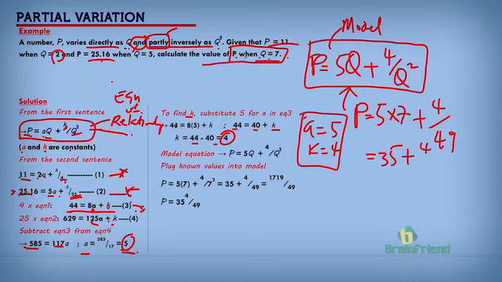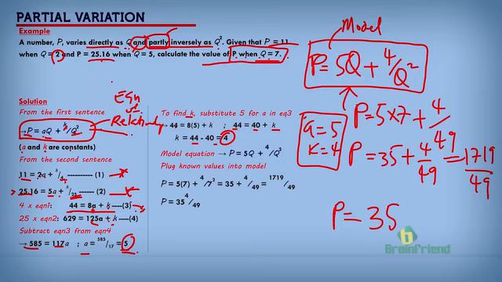So we have P is 35 plus 4 over 49. Of course, we would have all of that to be 1719 all over 49. Okay, so P is 1719 over 49. Writing it in a proper manner, we'll have 35 whole number, 4 over 49 as our answer.